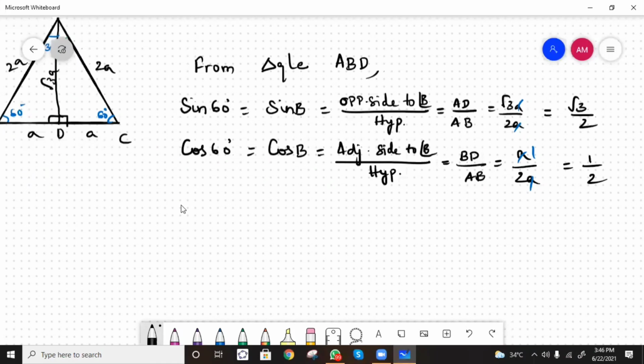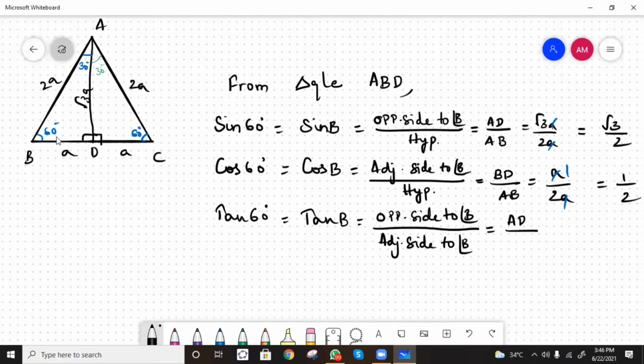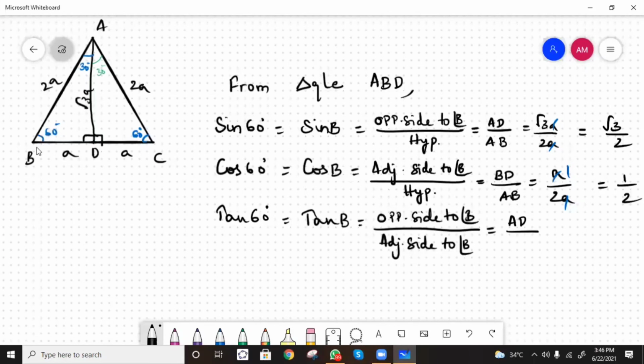Next, let us move to tan 60. What's the definition for tan? Opposite side to angle B divided by adjacent side to angle B. What is the opposite side to B?